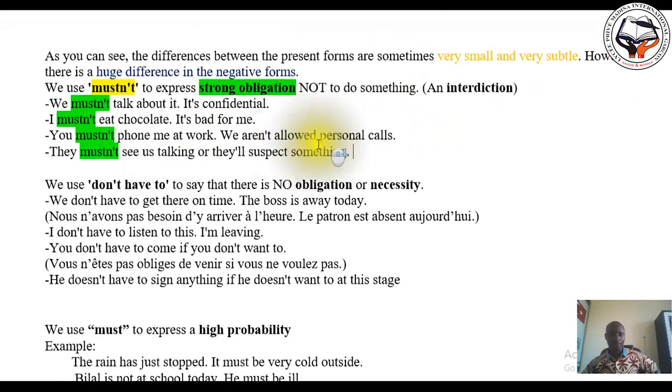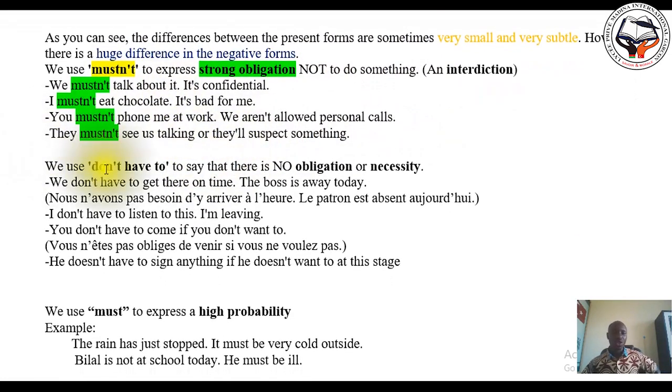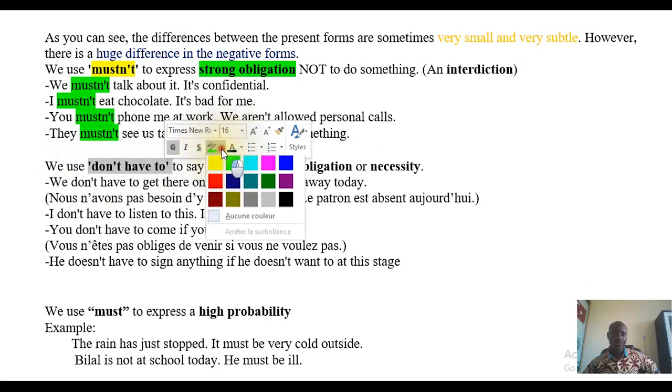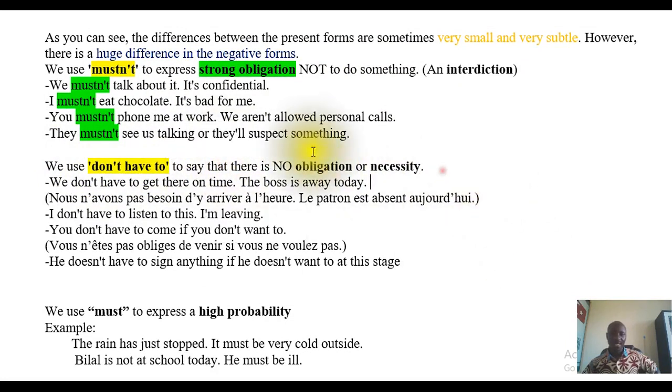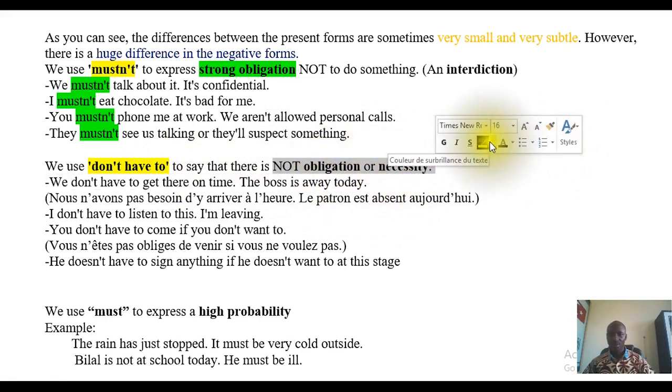We use don't have to to say that there is no obligation. There is no obligation or necessity.